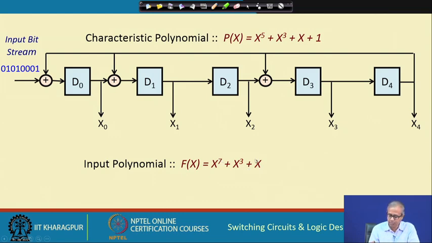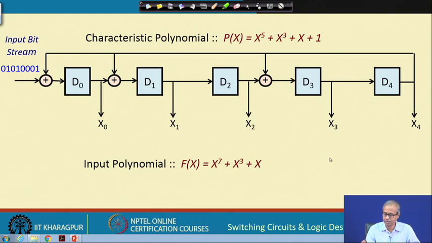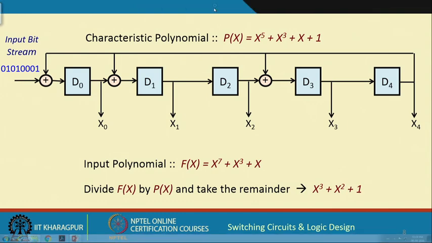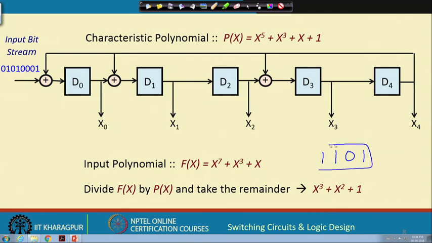Your input polynomial is this, and your characteristic polynomial of the LFSR is this. So, there will be a division of this polynomial by the characteristic polynomial. This will happen automatically. And here if you just work it out and take the remainder, the remainder comes to x cube plus x square plus 1, which in terms of bit pattern, x cube, x square, no x and 1, is 1 1 0 1. This should be the remainder, right.